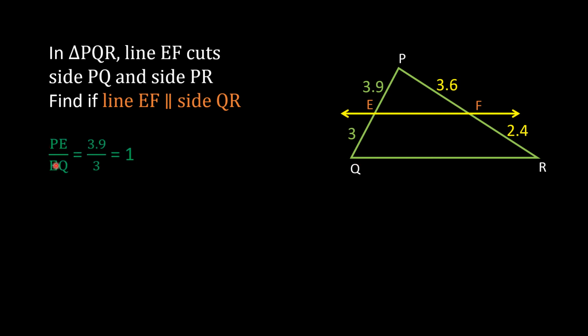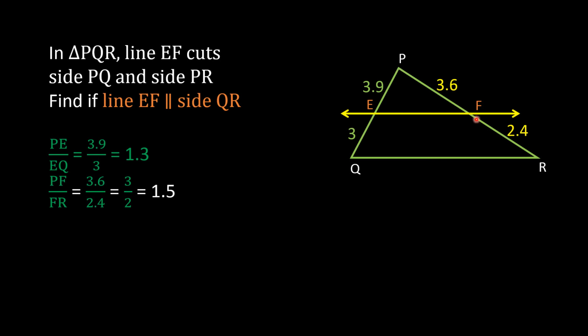PE upon EQ is 3.9 divided by 3. Here 3 ones are 3, 3 threes are 9. So PE divided by EQ is 1.3.